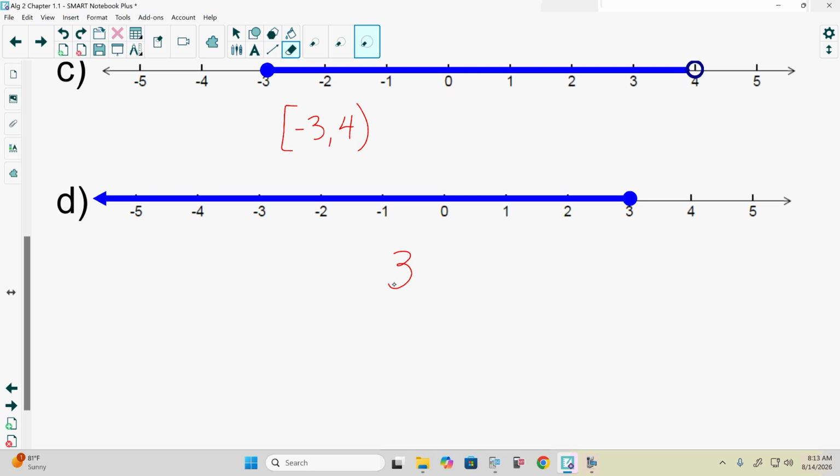We're getting bigger negative, so we have to go to negative infinity. Smaller numbers on the left, bigger numbers on the right. Negative infinity always has a parenthesis. Is the 3 included? Bracket. So parenthesis, negative infinity, comma, 3, bracket.